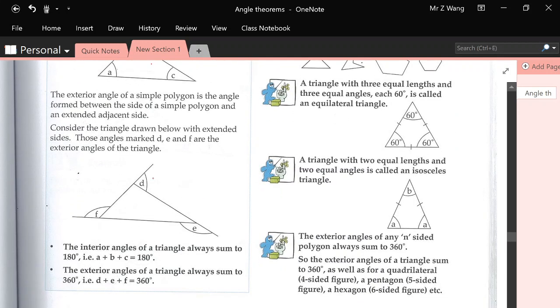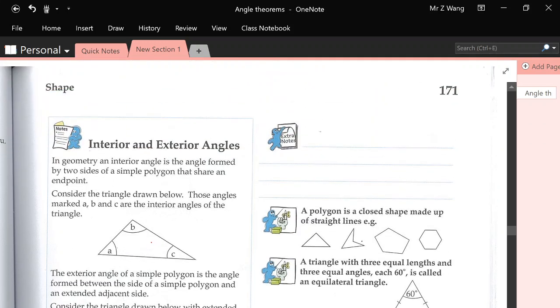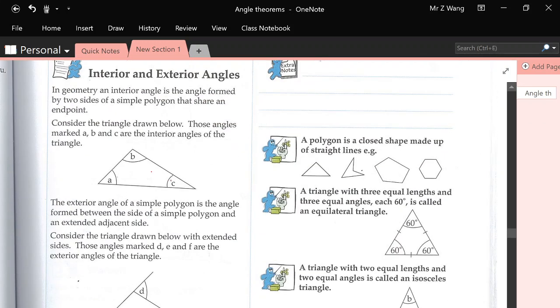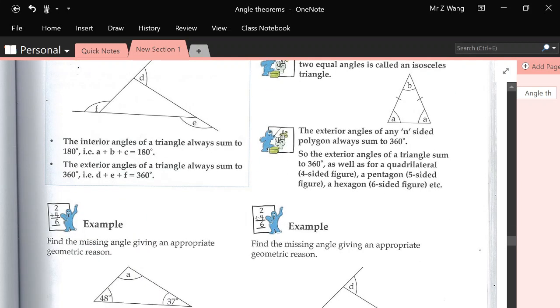And the exterior angles add up to be 360. Okay? Now, to see why, we'll have to see the why in class. But you just remember this for now. Okay? So inside three corners, they add up to 180. Outside three corners add up to 360.